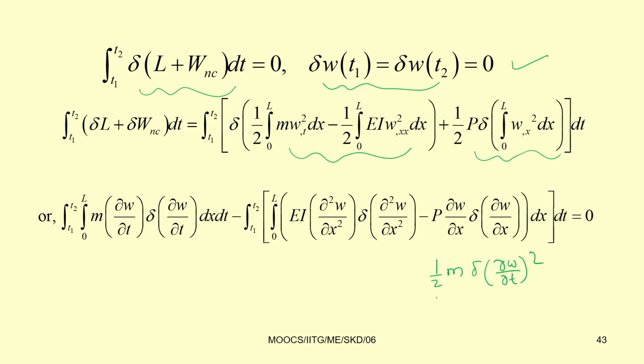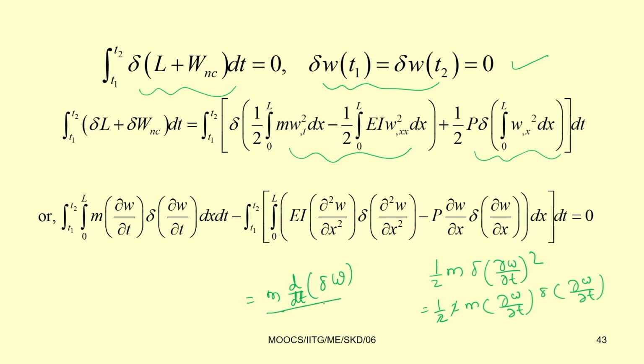This part you just have to expand, so it will be equal to half into 2 into m into delta of del w by del t. This I have already explained. So this will be equal to m del w, and you can exchange this, so by exchanging, it will be m d by dt of delta w.